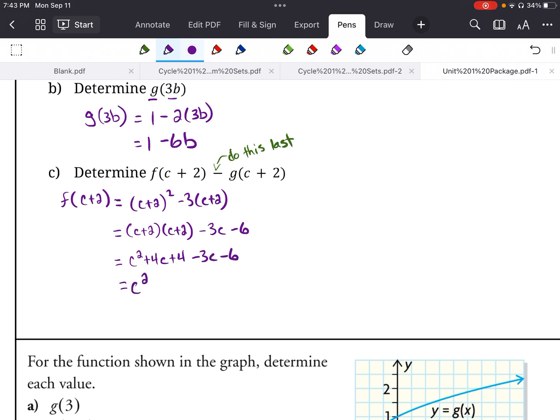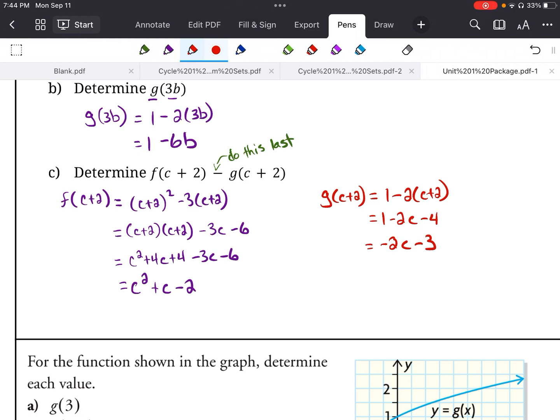We collect our like terms and get c squared plus c minus 2. Now we work with the g function. 1 minus 2 times c plus 2 is 1 minus 2c minus 4, and we get negative 2c minus 3.